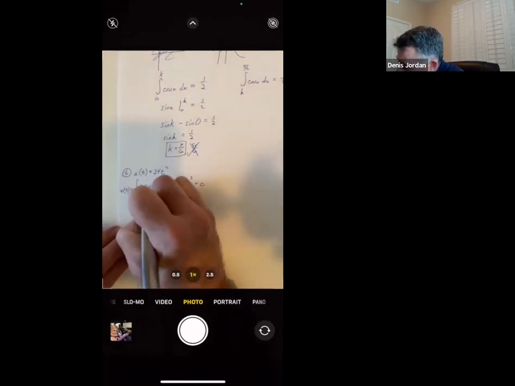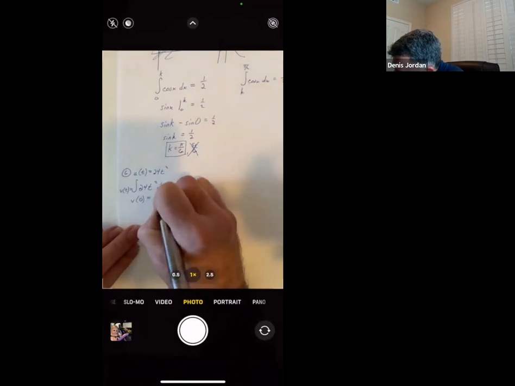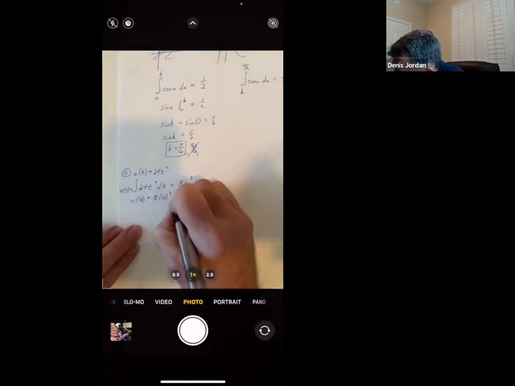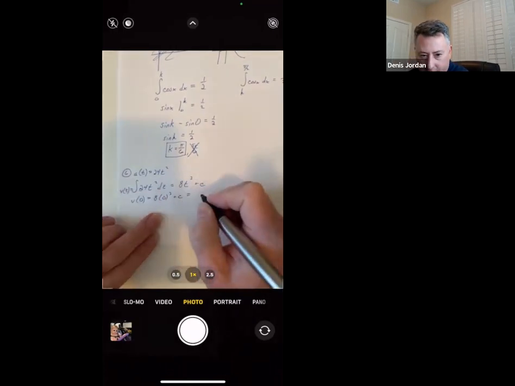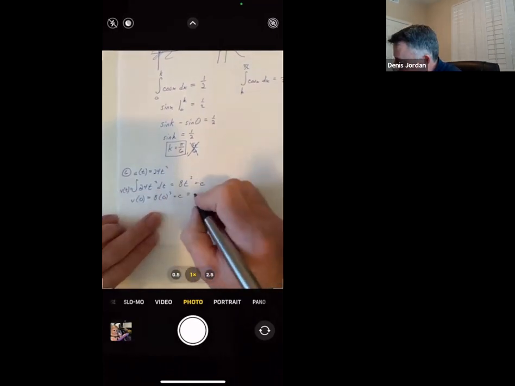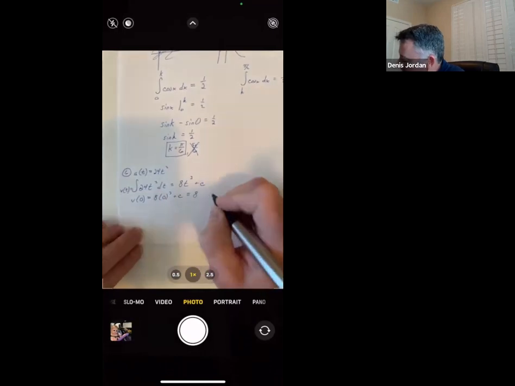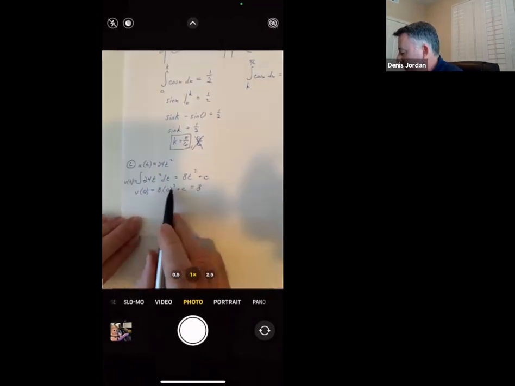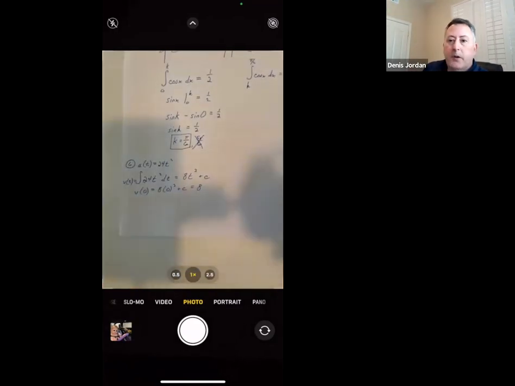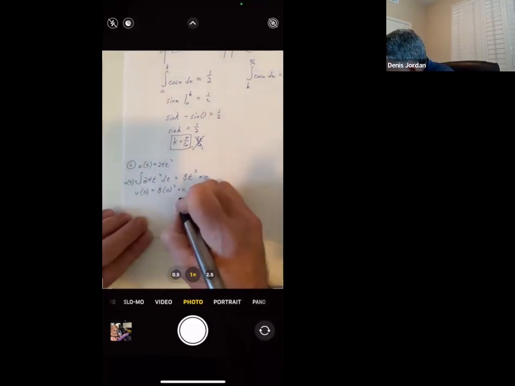So you can plug in 0 for t and set it equal to the velocity, which was 8. So the 0 knocks out that term, and so c is going to equal 8.